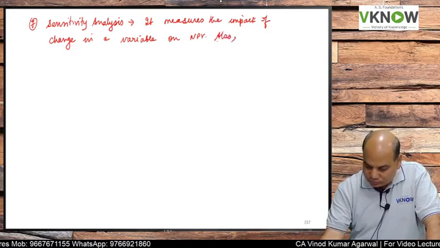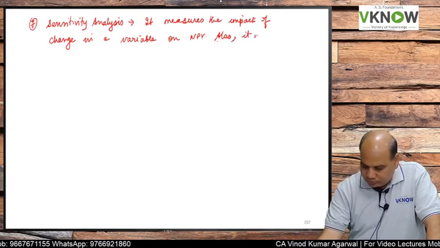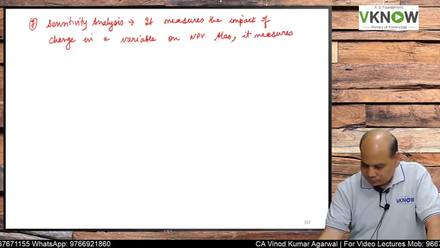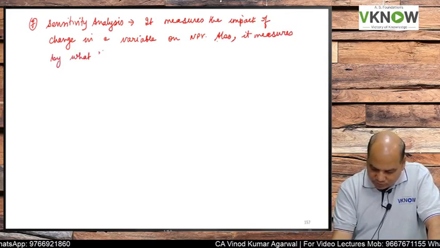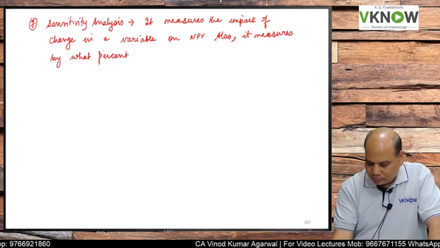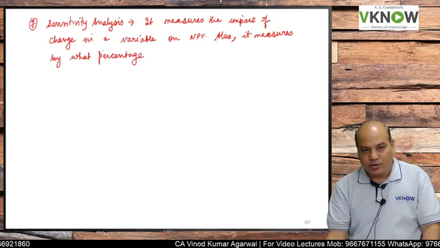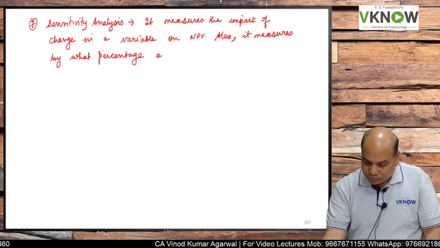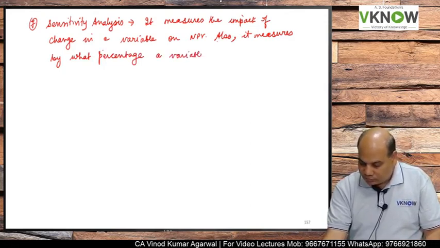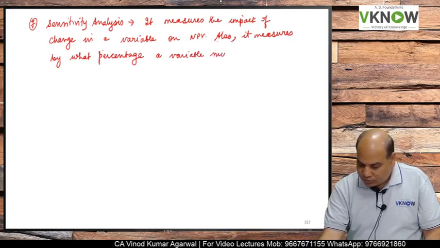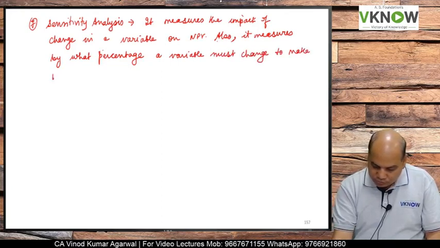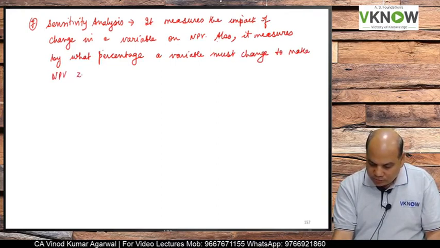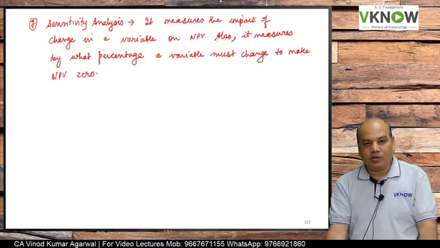Also, it measures by what percentage a variable must change to make NPV 0.